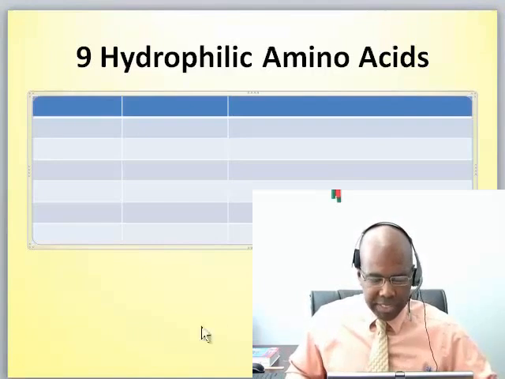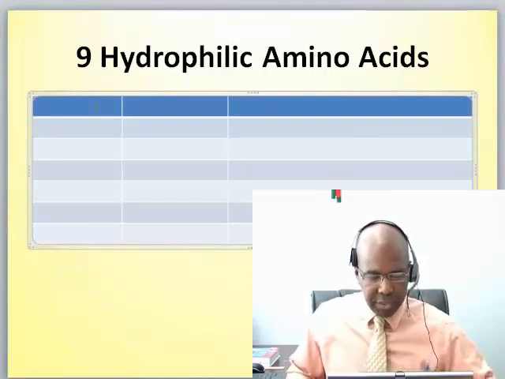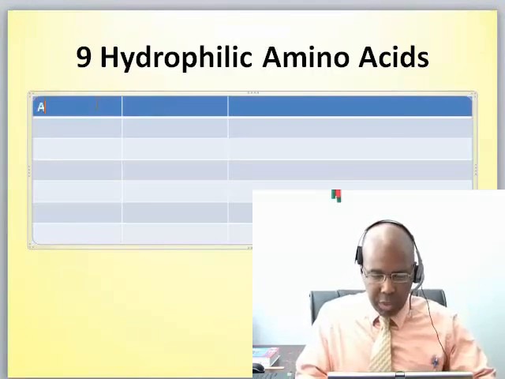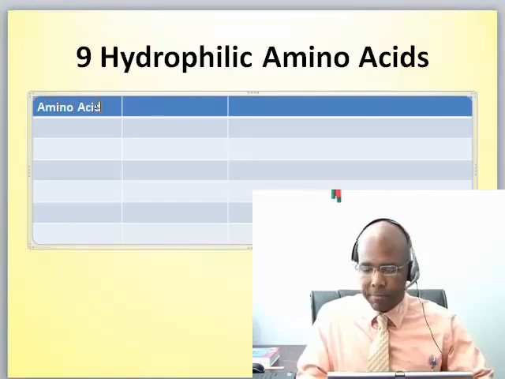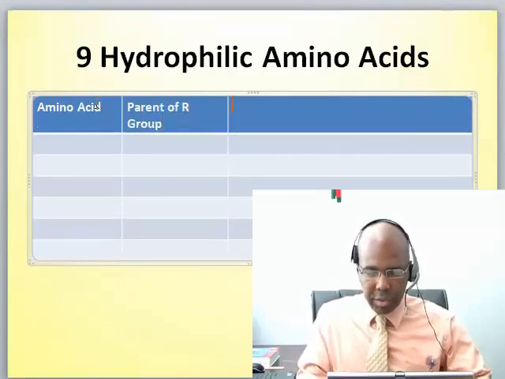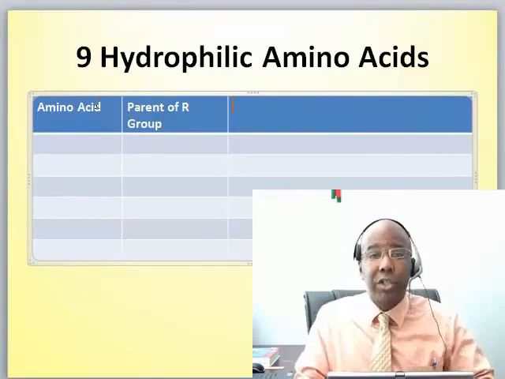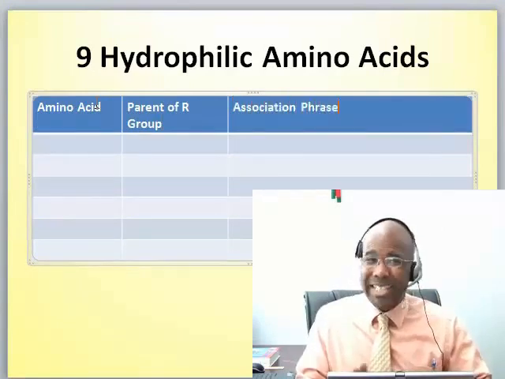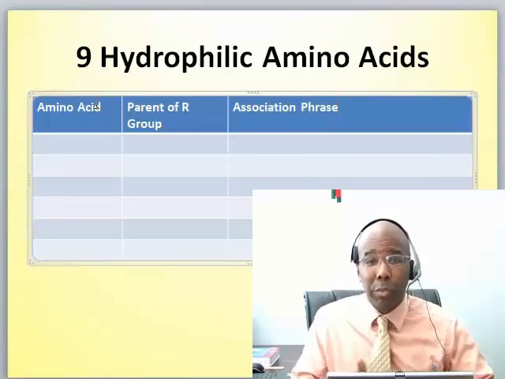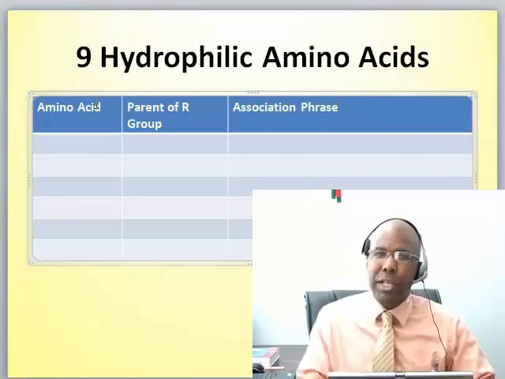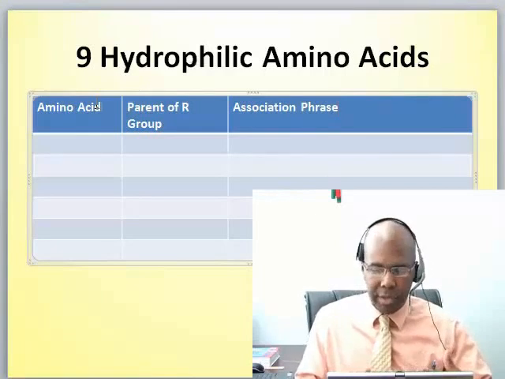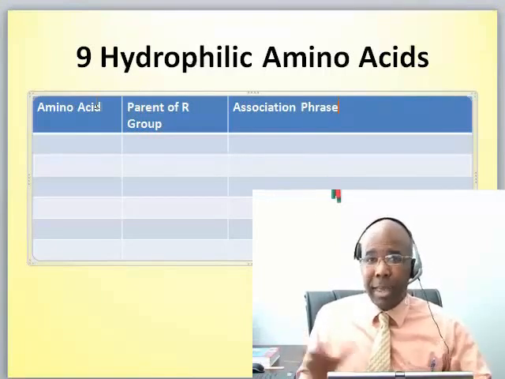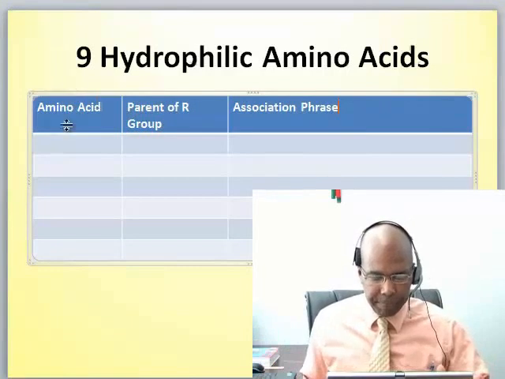On this table, we're going to first put the amino acid, the parent of the R group, and our association phrase. Now I typed these when I was creating the slides, so I was able to copy and paste them into a Word document, and I won't have to type them over again.